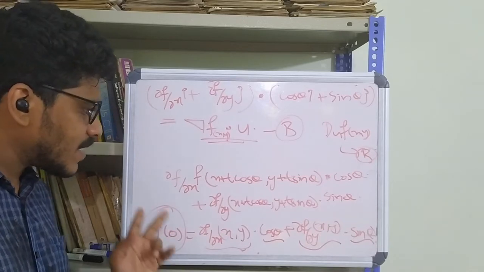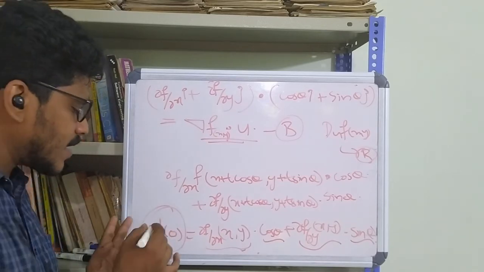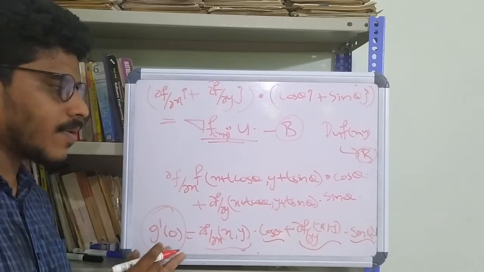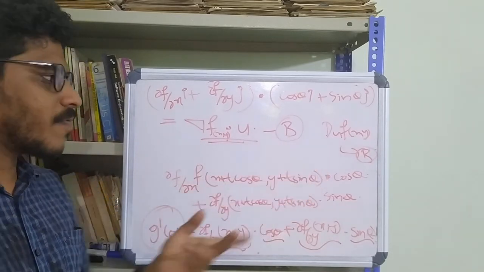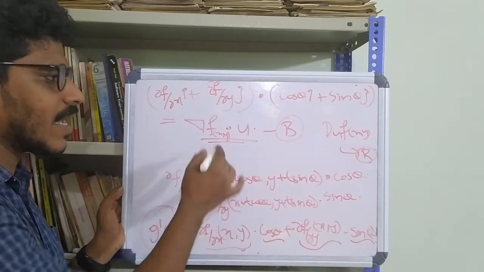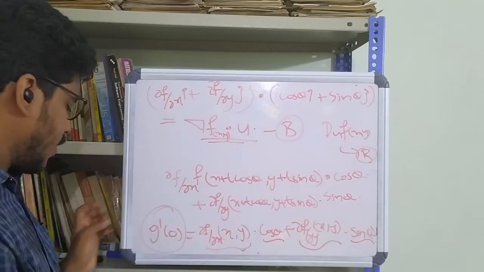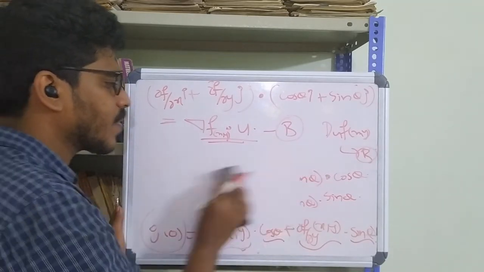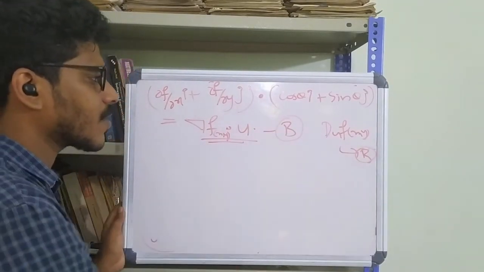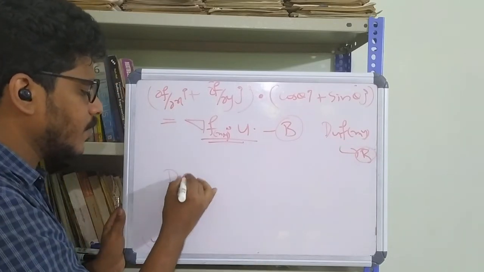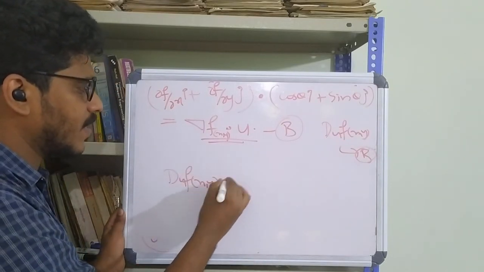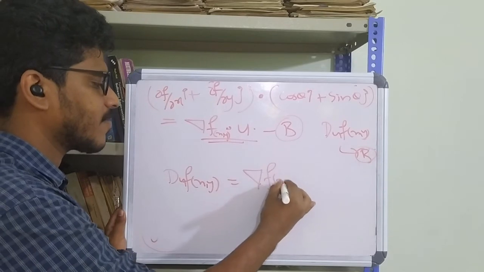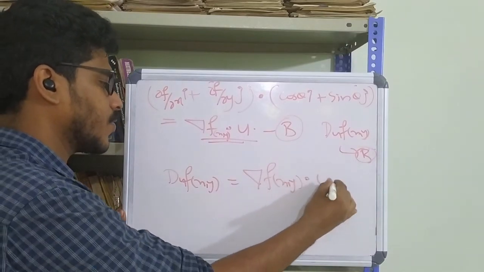We started from the same scratch, g dash of 0, and ended up with these two. So obviously if the left hand side is equal, the right hand side has to be equal. From that idea, we conclude that D_u f(x, y) is equal to grad f(x, y) dot u.